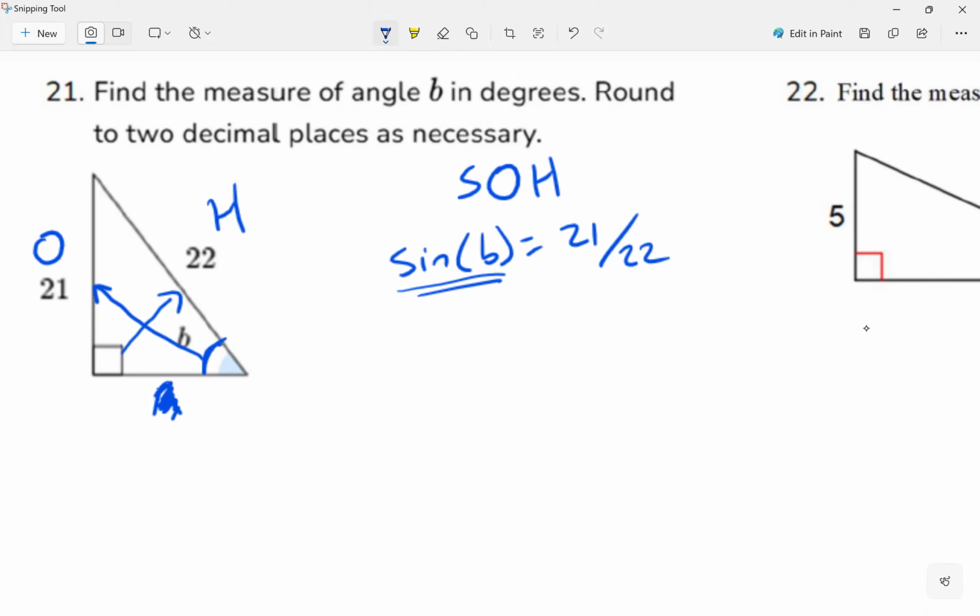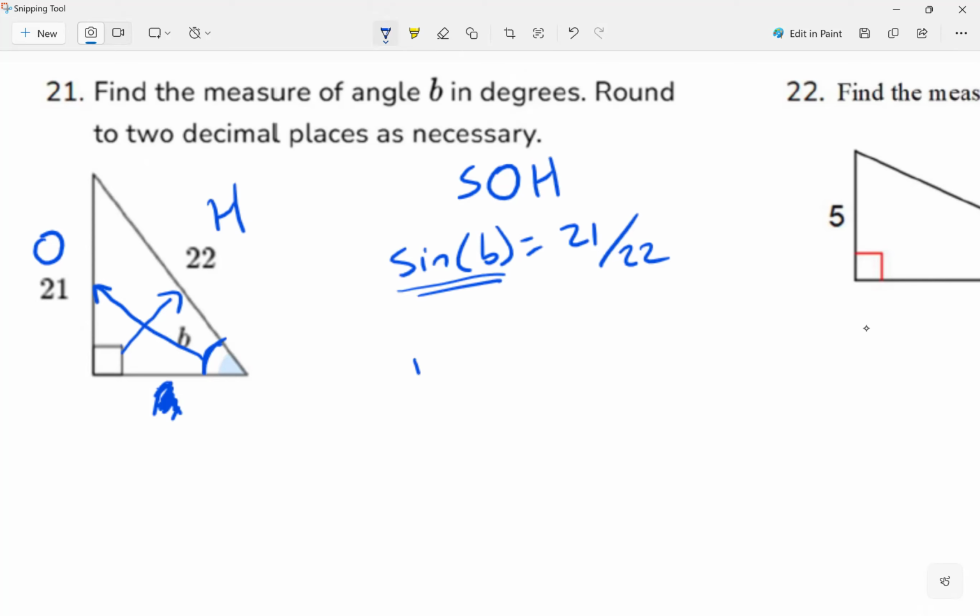And I mentioned yesterday that the whole thing is together. So I cannot divide by sine to leave B by itself, right? It's all together. However, there is one way I can split them.